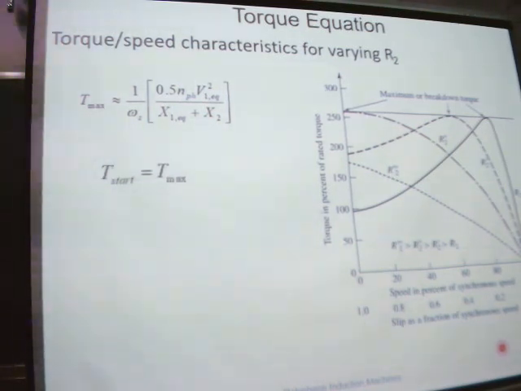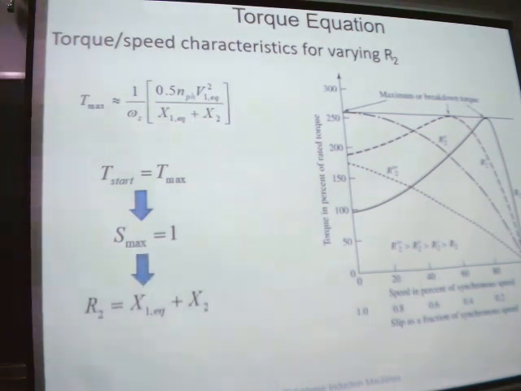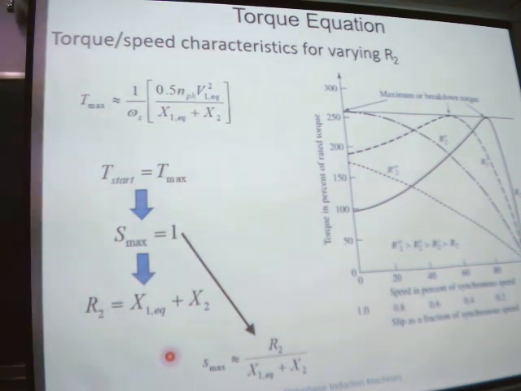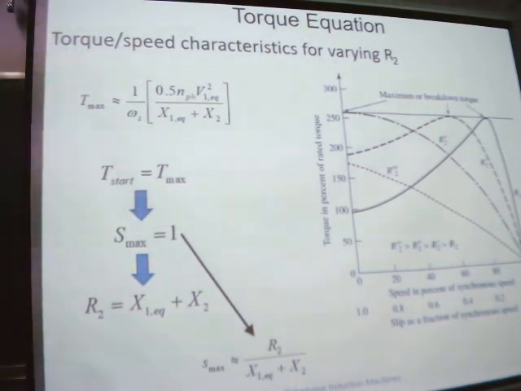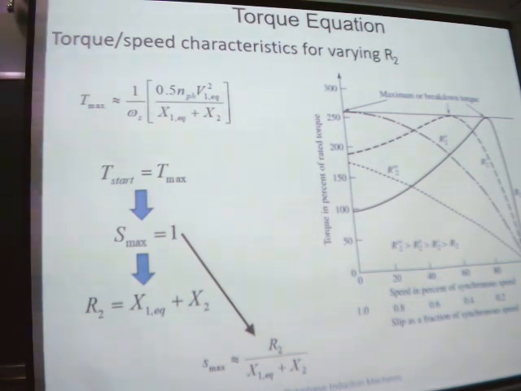As I have noted earlier, the maximum torque is independent of the rotor resistance. However, the value of the rotor resistance determines the slip at which the maximum torque will occur. So in order to start the induction motor fast, we need to increase the starting torque.